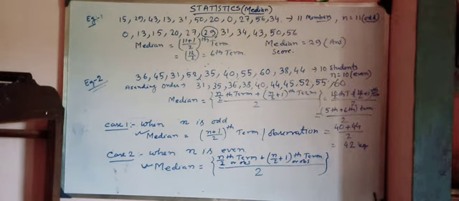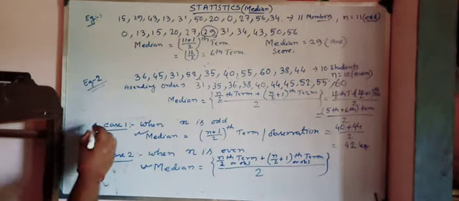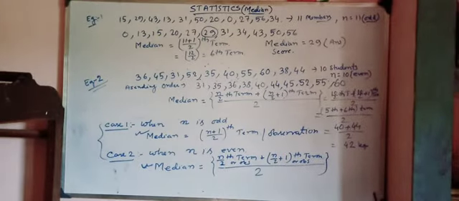Next, move to another formula. The formula should be same. These are the median formulas for ungrouped data. Now again we have to find the median for discrete data, discrete series.